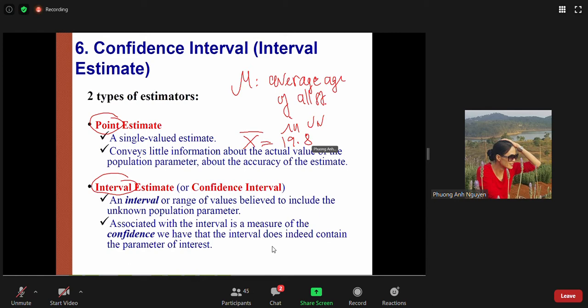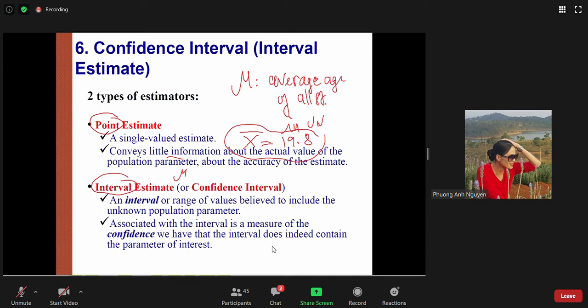It is the point estimate, a single value. It is good, but actually you don't know whether this value is far away or close to the true value of the parameter. So the point estimate conveys little information about the actual value of the population parameter, in this case mu, or the accuracy of the estimate.